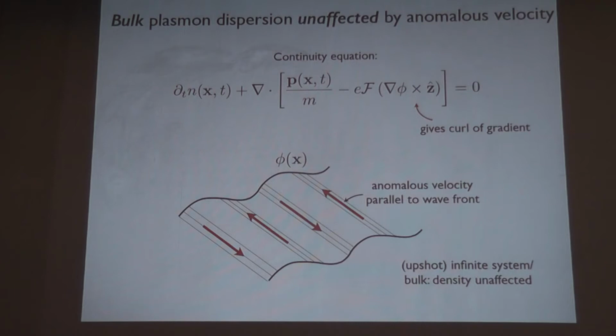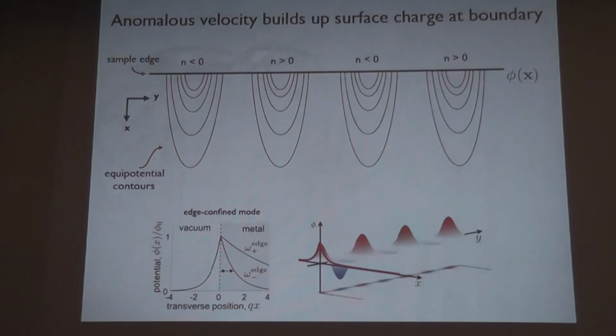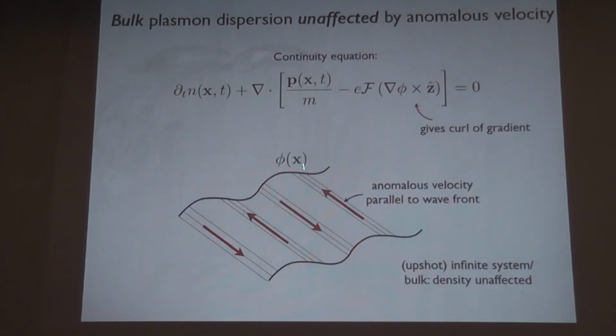But something can happen if you go to a boundary, to a surface. So let's consider the system where we have an edge. Just now I told you there were these velocities going up here, down here, up here, down here. There's an extra component of velocity from the enormous velocity, and it doesn't really want to accumulate anywhere.